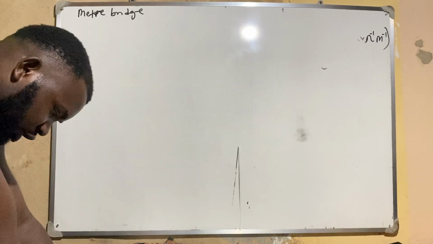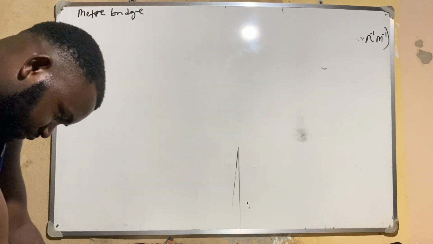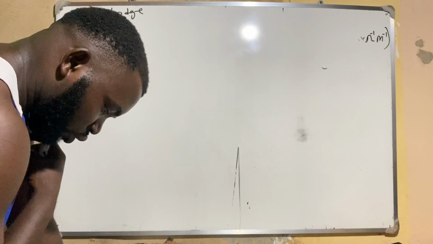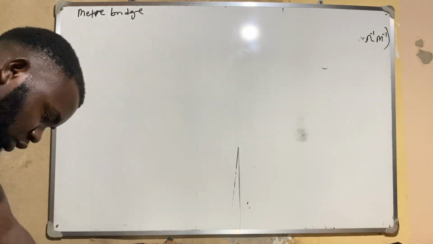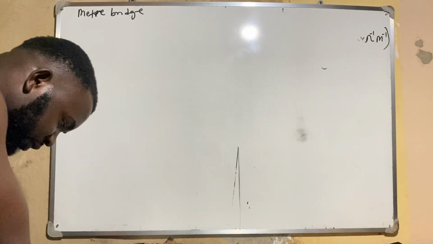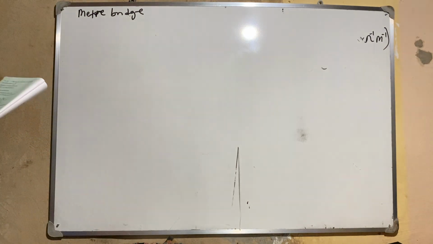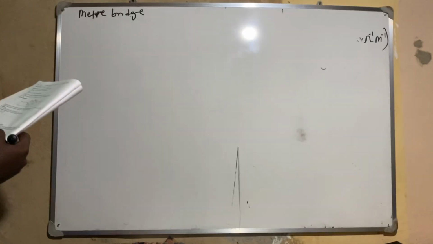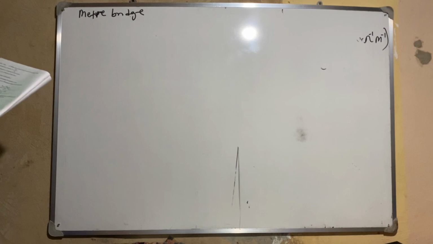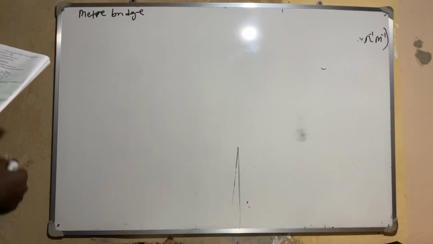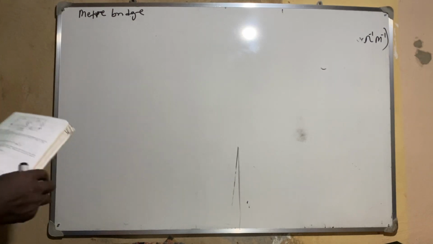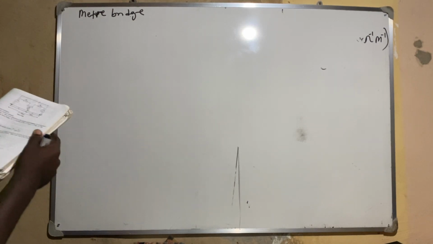A meter bridge is a bridge with a low temperature coefficient and a length of 100 cm or 1 meter. It measures the resistance of a wire based on the principle that the resistance R of a wire is directly proportional to the length of the wire.